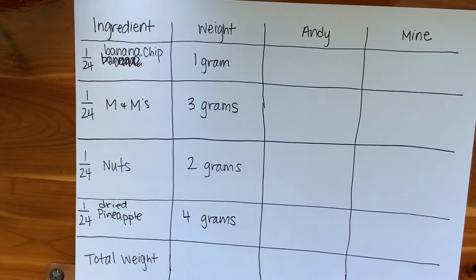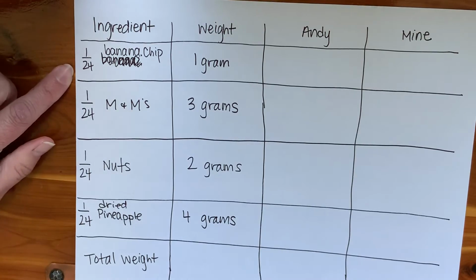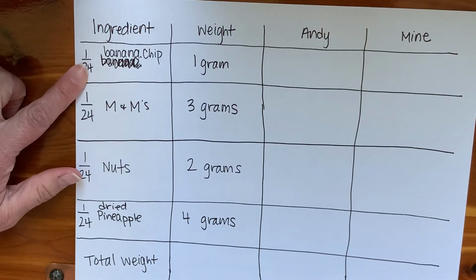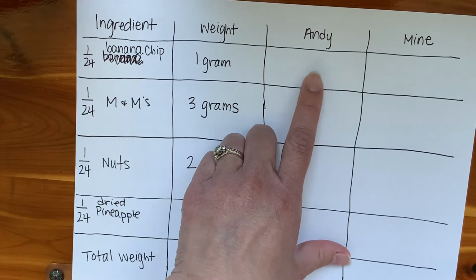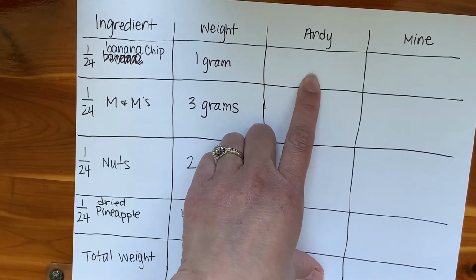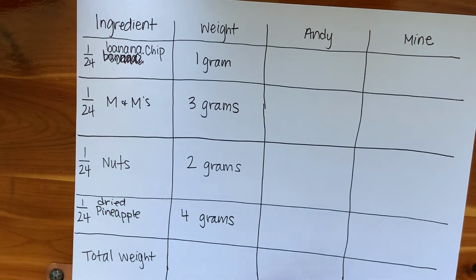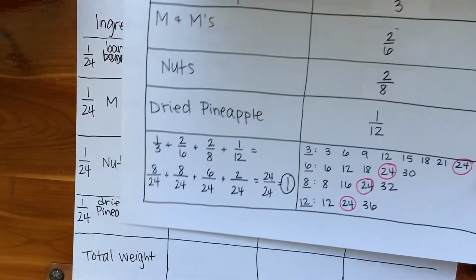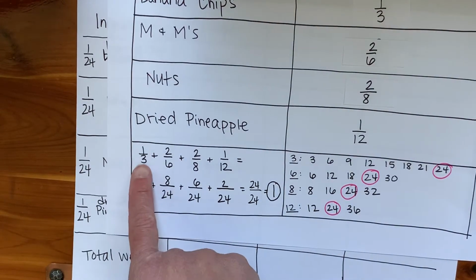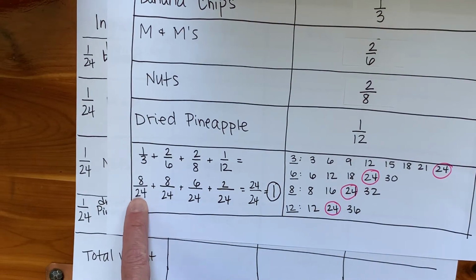From there you should be able to figure out the rest on your own. If 1/24 of the bananas weighs 1 gram, we need to think about how many 24ths Andy had in his trail mix. I see that 8/24 of his trail mix was banana chips.